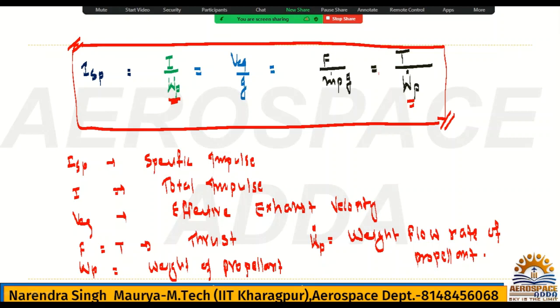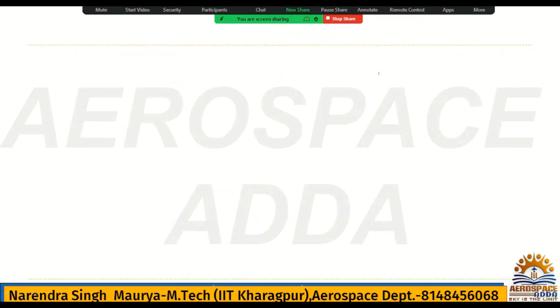So I will give one table covering solid, liquid, hybrid, solar, nuclear, and electrical rocket engine, which is also called arc heating rocket engine. You need to remember these values, as they are very frequently asked in competitions. So now we just draw this table.